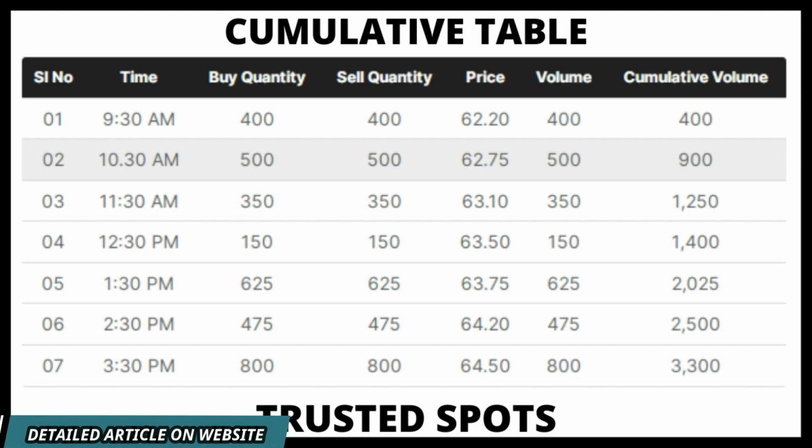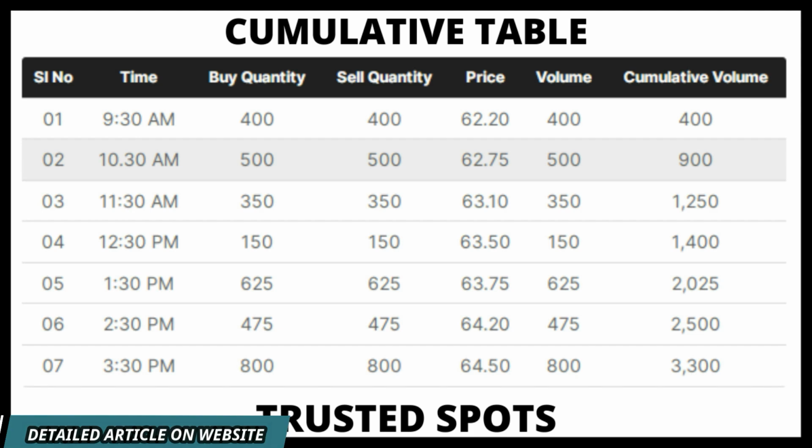At 10:30 a.m., if you were to check the total volume for the day, it would be 900. Likewise, 350 shares at 63.10 were traded at 11:30 a.m. and up to 11:30 a.m. the volume was 1250. So on and so forth.